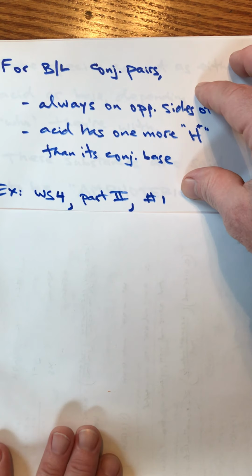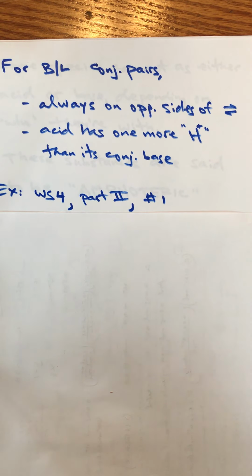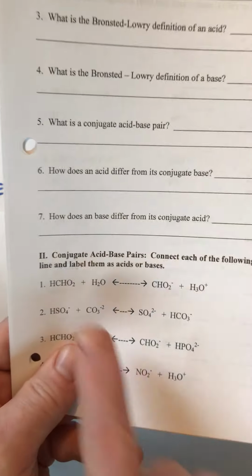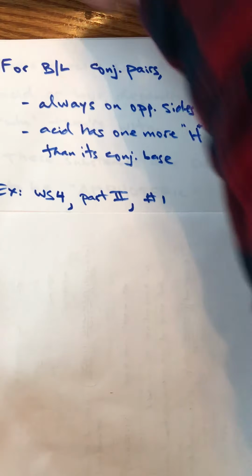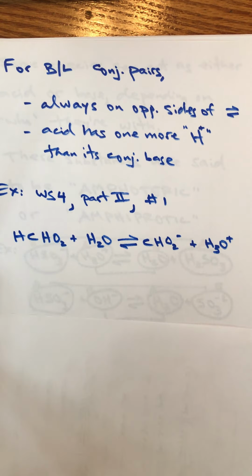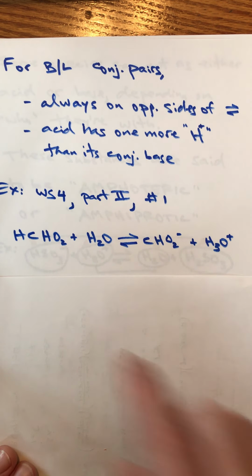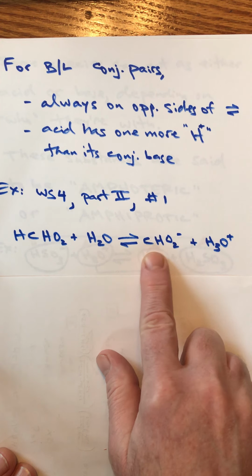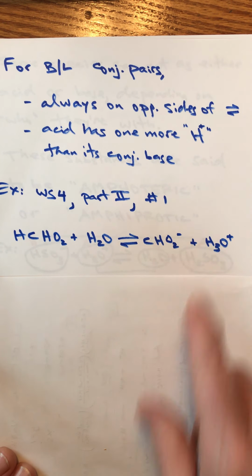Let's look at worksheet 4, part 2, number 1. Let me grab my worksheet packet. So if you go to worksheet 4, there's going to be some definition stuff for you here. I'm looking at number 1 here from part 2. So here I have HCHO2 plus H2O, double arrow, CHO2 negative and H3O positive.